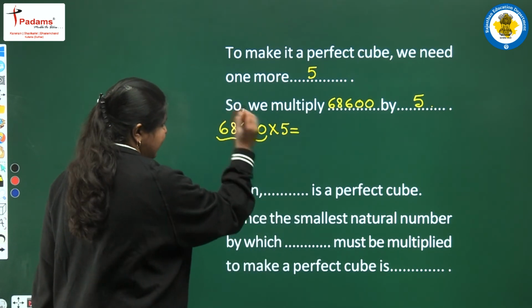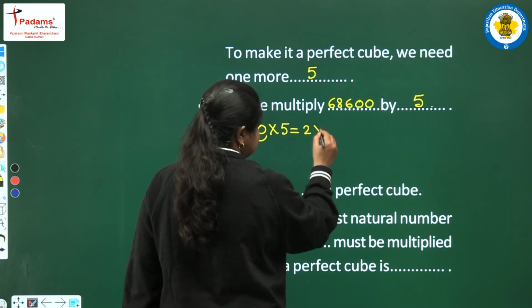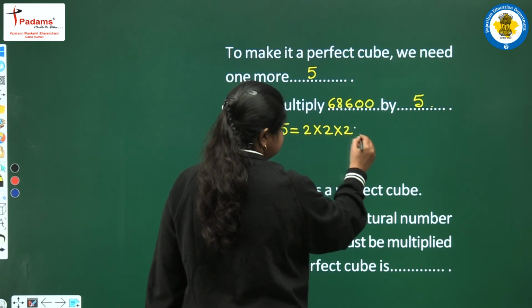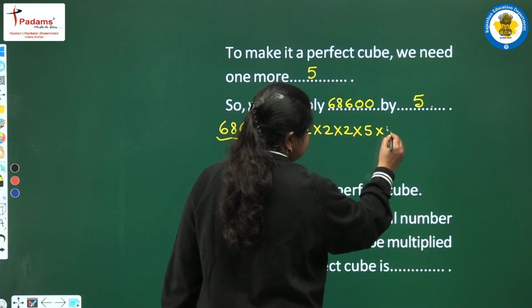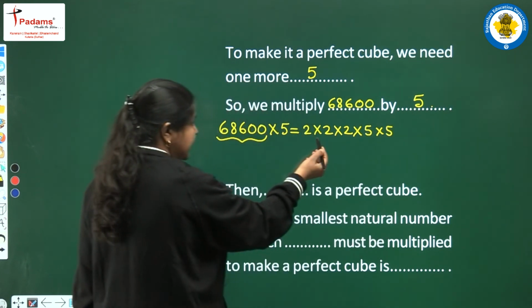Instead of this number, we write its factors here. It will be 2 into 2 into 2, 5 into 5, and we are now bringing one more 5.